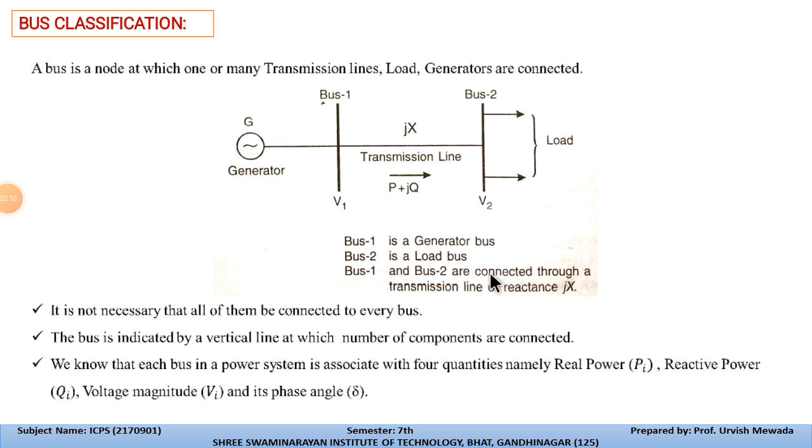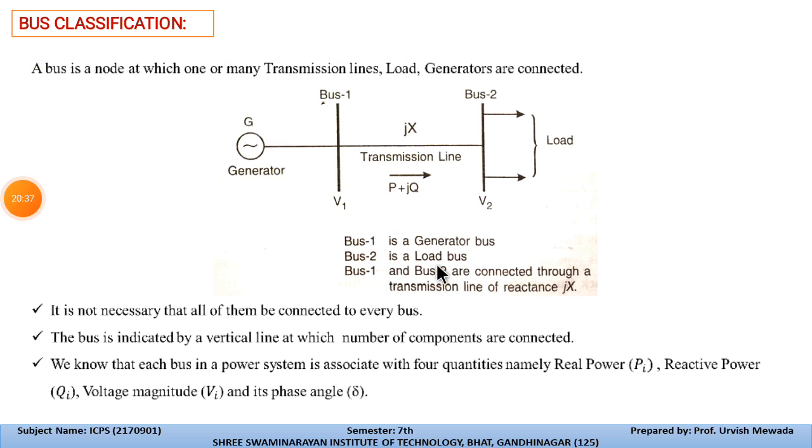Now bus number 1 is a generator bus because it is near the generator. Bus number 2 is a load bus because the load is connected to it, and bus number 1 and bus number 2 are connected through a transmission line of reactance jx. So bus number 1 is the generator bus and bus number 2 is the load bus.